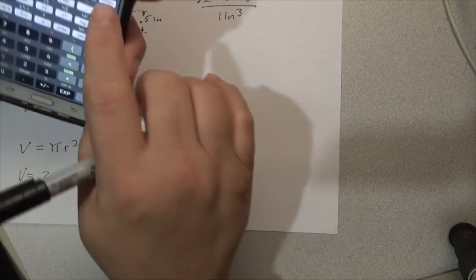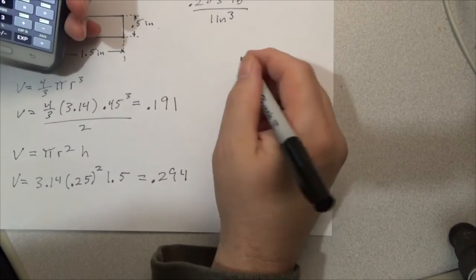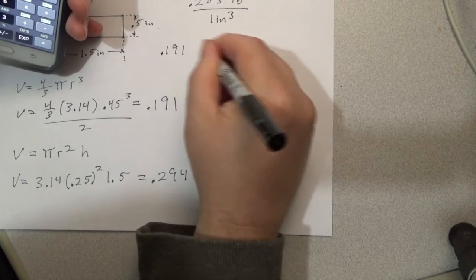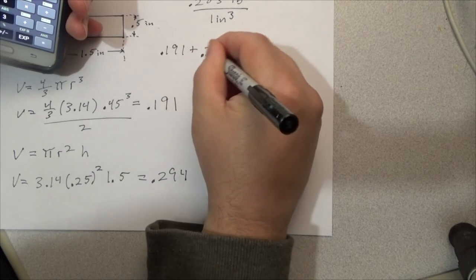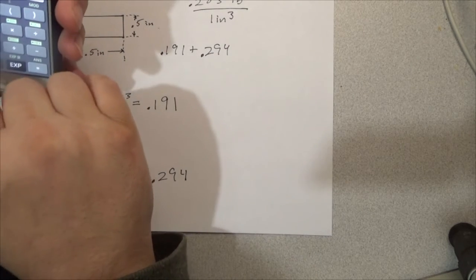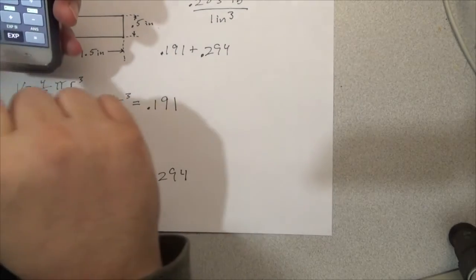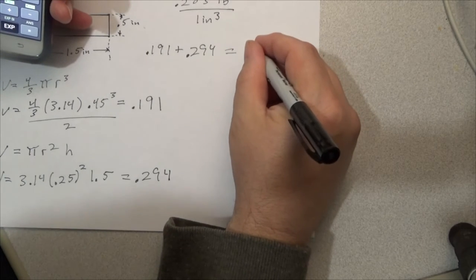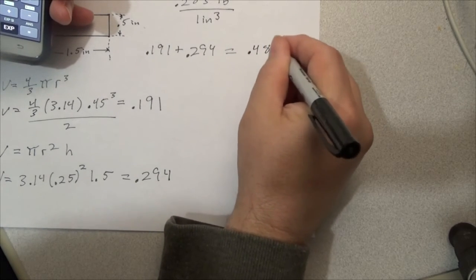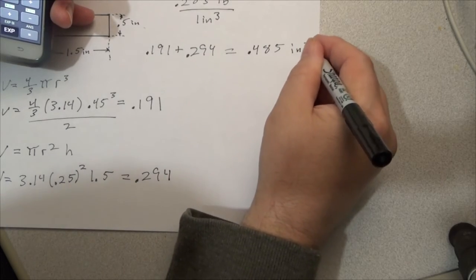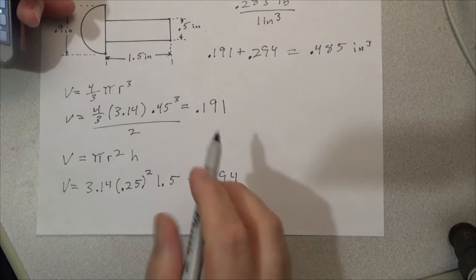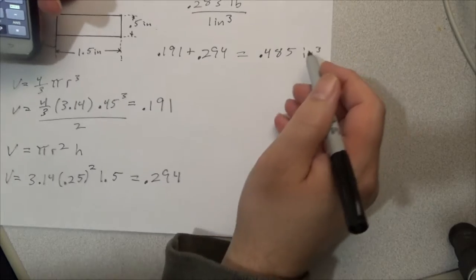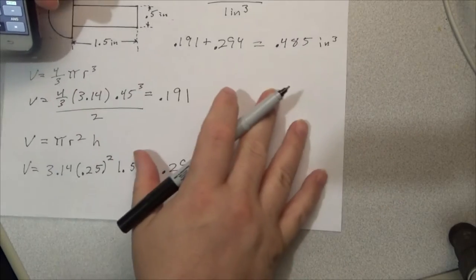Okay, so now I'm going to add these together: 0.294 plus 0.191. That is going to give me 0.485 inches cubed. I generally don't write units as I'm doing the math, because it just gets in the way and gets confusing, but I'll put them on afterwards. I knew all of these were in the proper units.